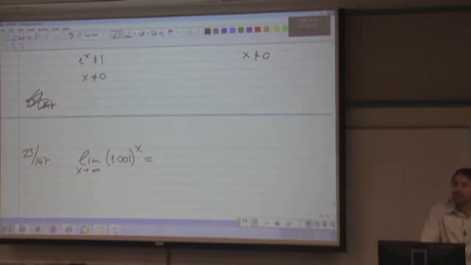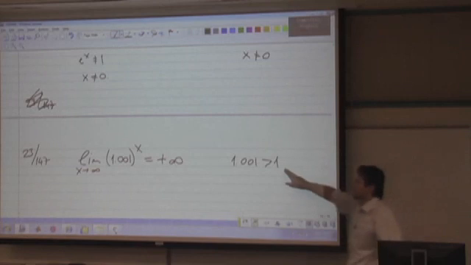It is not 0. It's positive infinity because 1.001 is strictly bigger than 1. Why would this make sense?